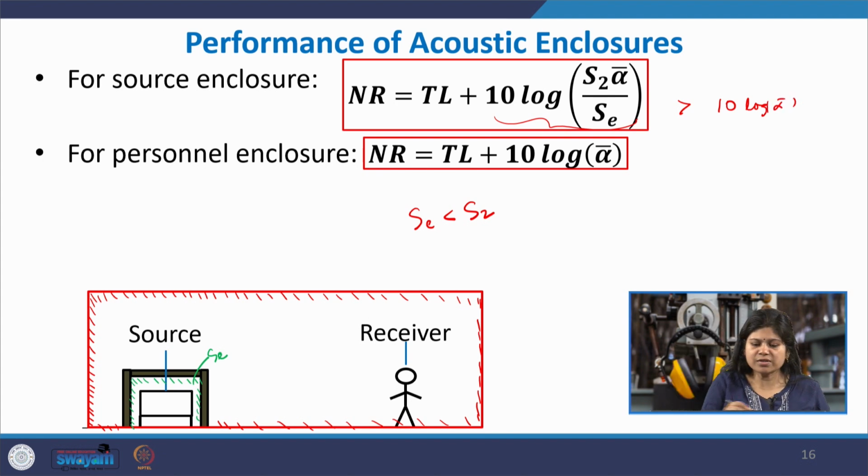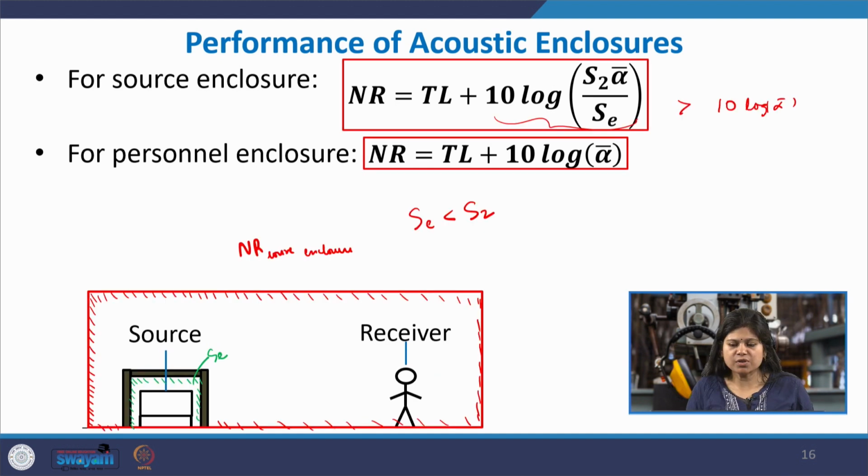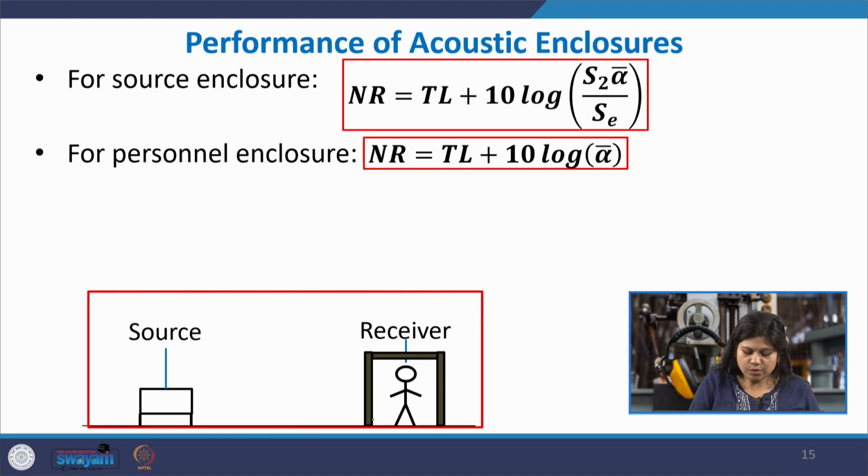So whatever noise reduction you get from the source enclosure is here, and suppose instead of that the personal enclosure was there. So this is the general equation which is valid both for the source and the personal, but in the case of personal enclosure, the internal surface area of the enclosure and the personal room do not come into the picture, it is just alpha bar.